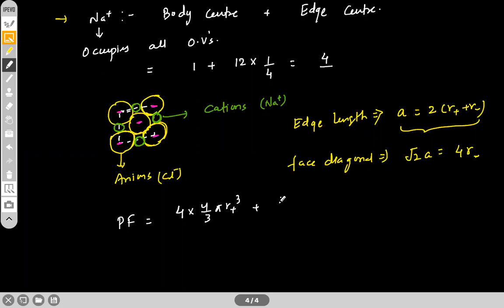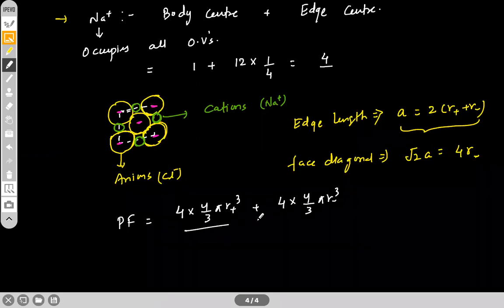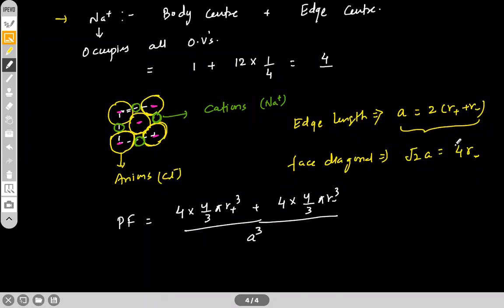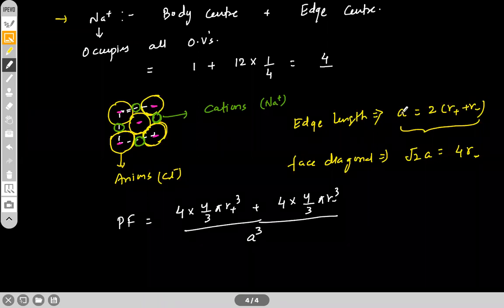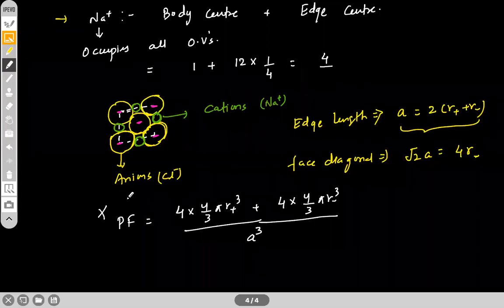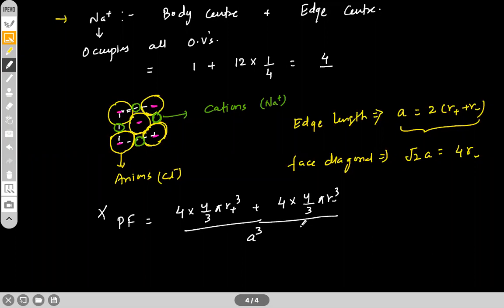There are 4 anions, so 4 into 4 by 3 pi r minus cube, divided by a cube. Now you see we have a and r minus relation, r plus, r minus and a relation we have, right? So we can easily substitute all these values here and solve this to find out the packing fraction. But you don't have to think about it much. They won't ask you to find out the packing fraction of ionic crystal. But the method is this.